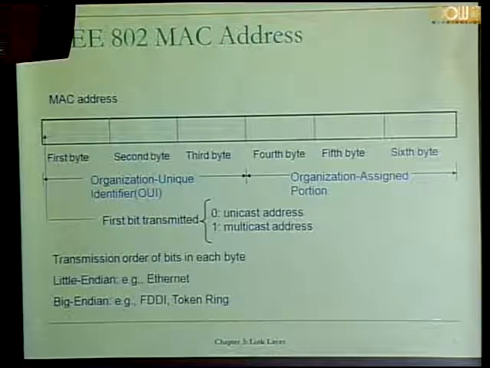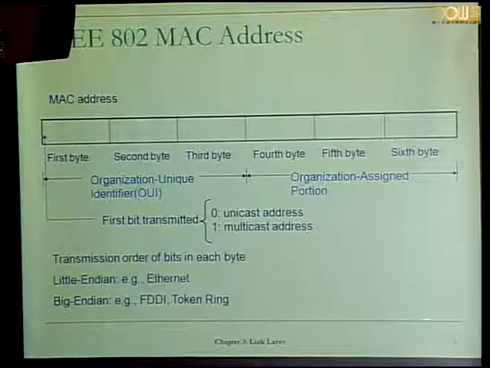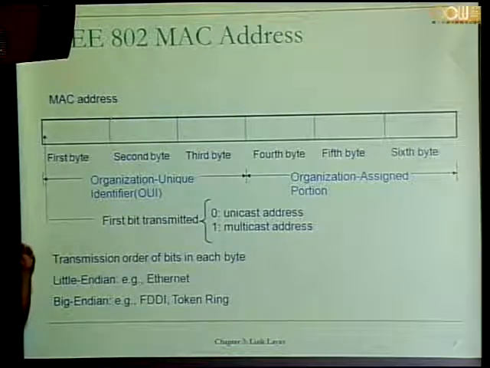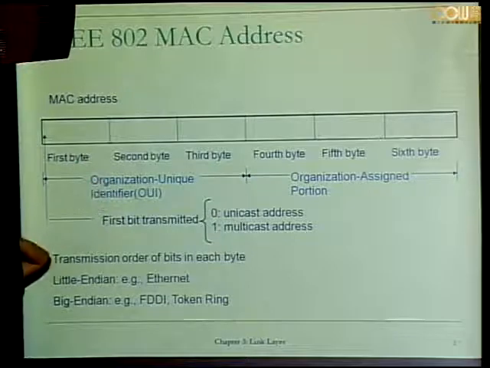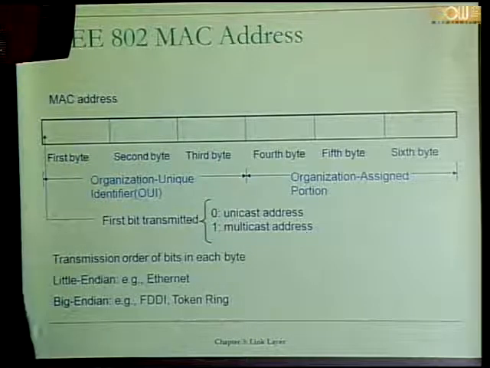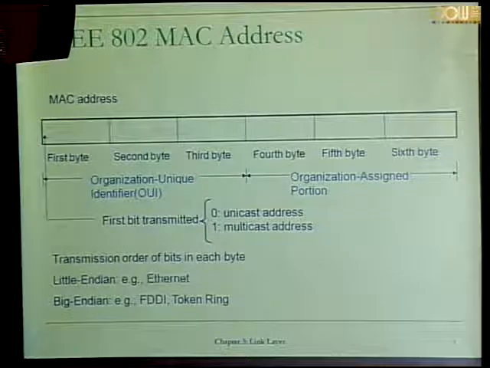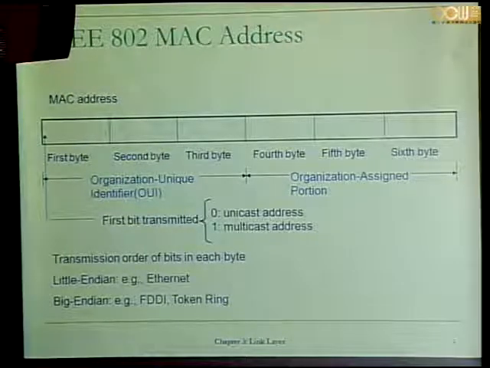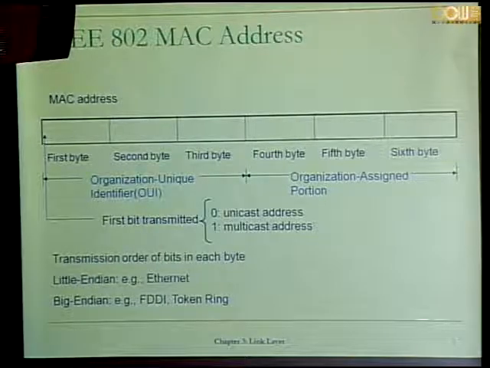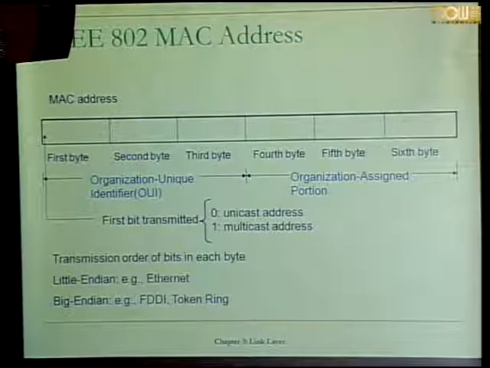Then, in what way are we going to transmit? If the network byte order is big endian, it means that you transmit the high order byte first. And because the bit order is little endian, so you transmit the what? The low order bit first.